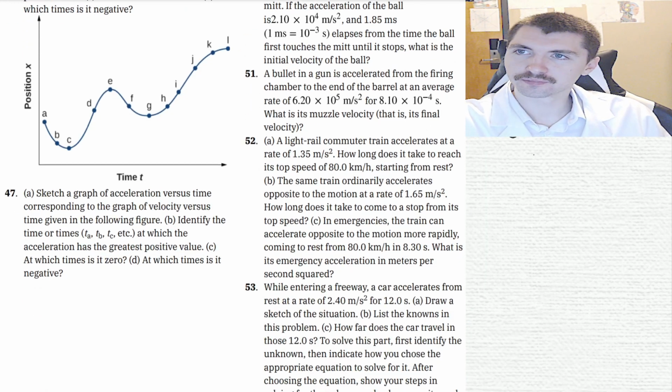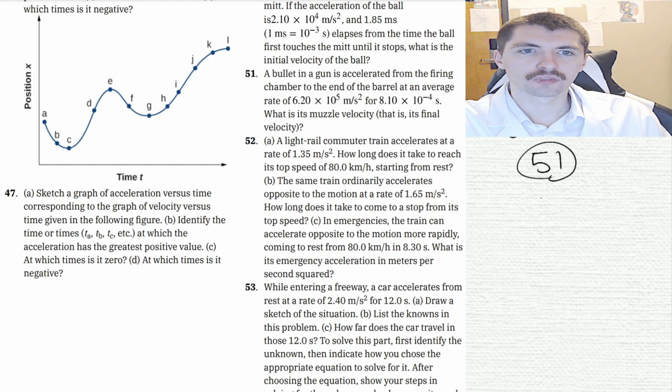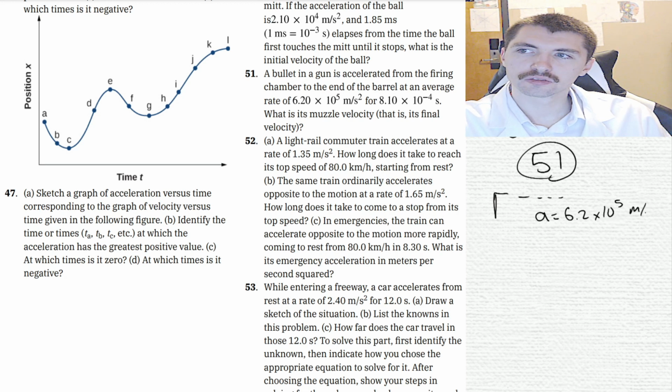51. A bullet in a gun is accelerated from a firing chamber. What is the muzzle velocity?